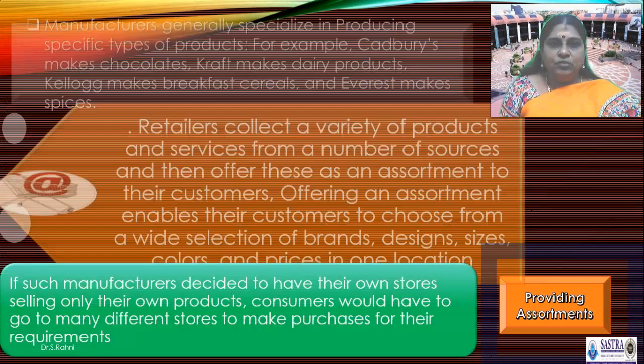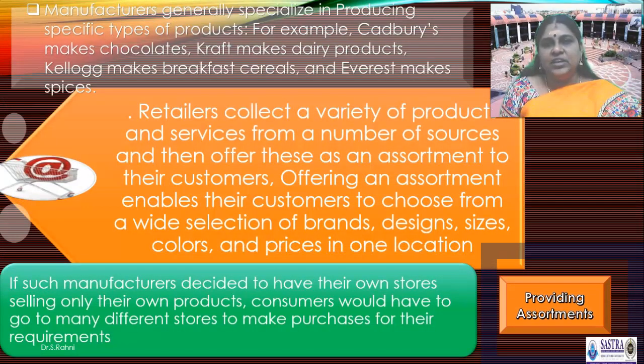The first and foremost point we discussed is providing assortments. Assorting is nothing but a collection of various things. Retailers collect a variety of products and services from a number of sources, not only directly from the manufacturers or factory outlets, but sometimes from the wholesalers, the agriculturist or the industrialist, or from franchisee units or from very big malls or chains.